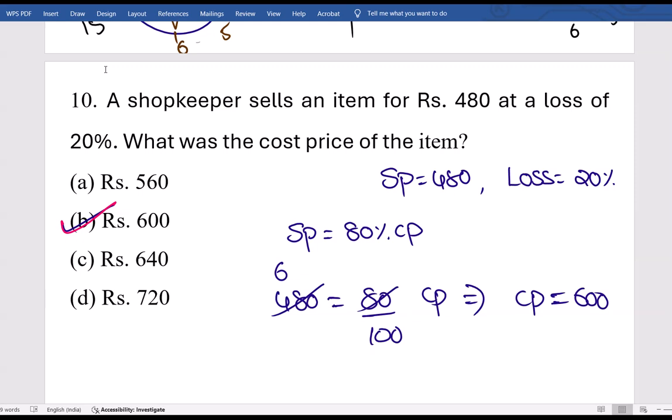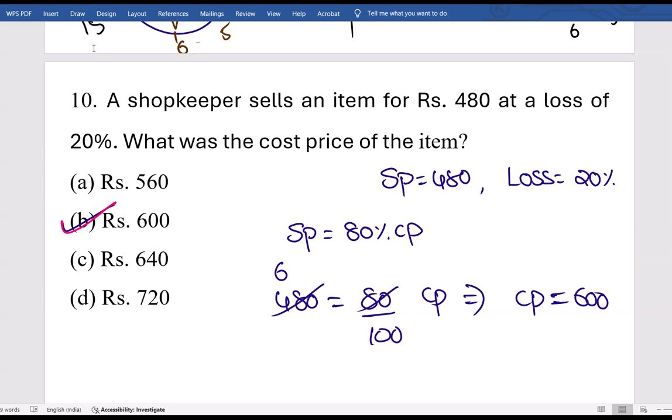If I give an option 576, many people opt for 576, which is 480 plus 20% of 480, that is 96, so 480 plus 96 is 576. But have a basic thing in your mind, whether it is profit or loss, we should calculate on cost price.